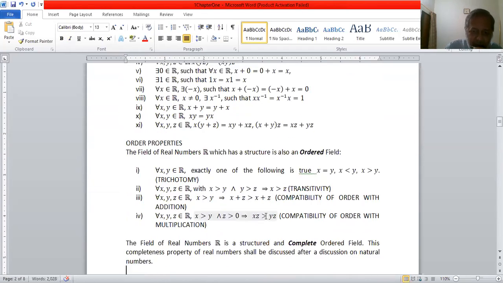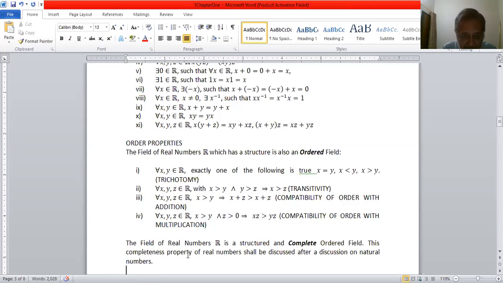So the field of real numbers is structured, and it is a complete ordered field. Now, I have not yet defined completeness. I have defined structure, I have defined order, I have defined field, but completeness is yet to be defined.